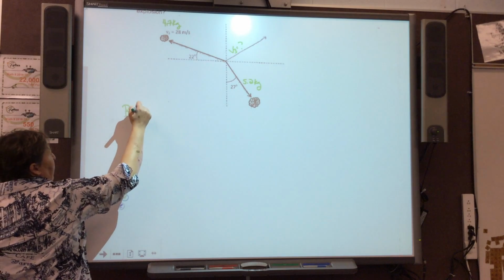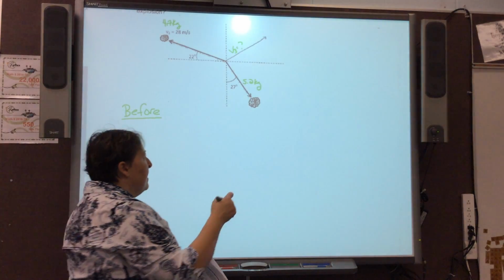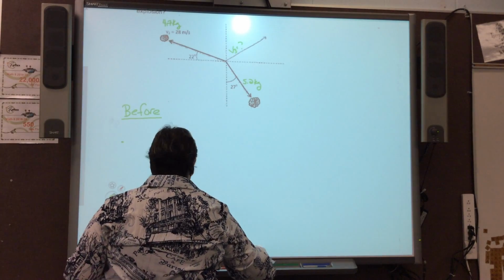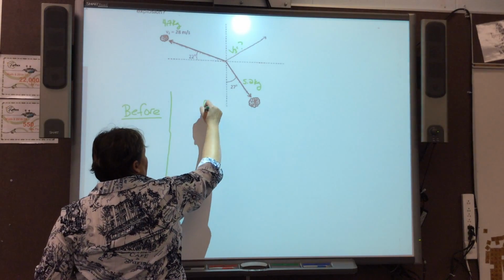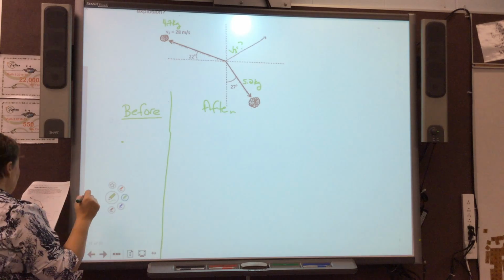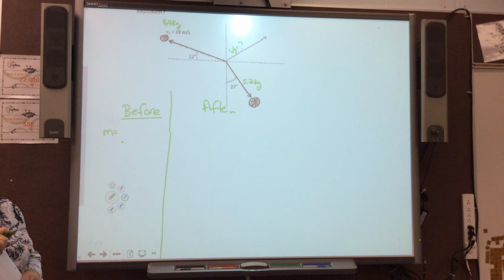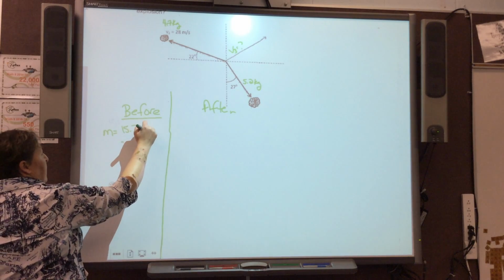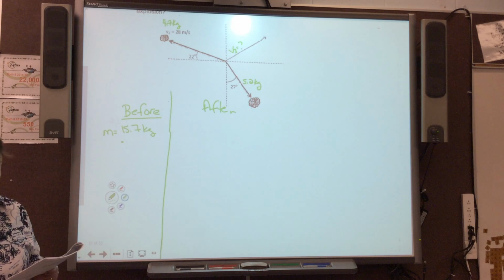So, before, actually, I'm going to move this over. And after. So our before piece of information, we had a mass of what? 15.7 kilograms. Okay, and we had a velocity of 0.